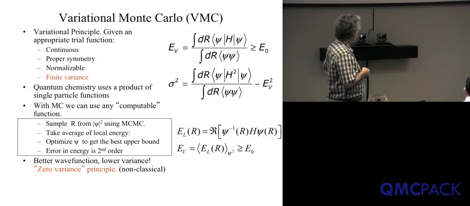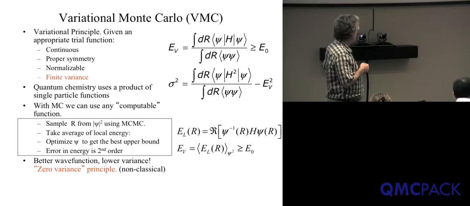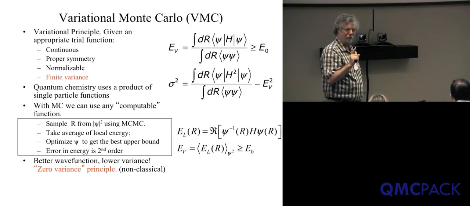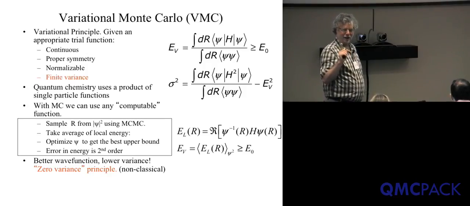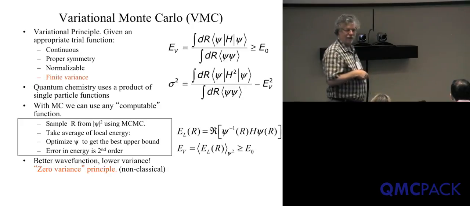So this is a repeat, slightly more general. This is the variational wave function, and this is the variance. There are some conditions on the variational principle which sometimes people forget and make mistakes, but there are conditions. To get the inequality, you have to get an upper bound.